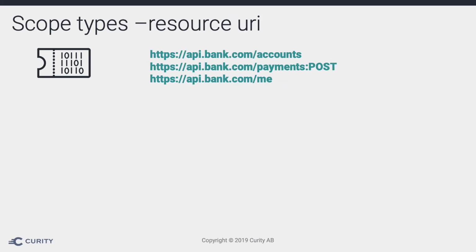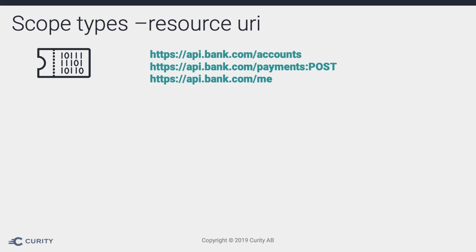Another type of scope that usually leads to a scope explosion is the resource URI type of scope, where a scope is the full and complete URI of the API you're allowed to call with this token. So for instance, the accounts part there would say that I have access to the accounts API. This example doesn't say if that means that I can list all accounts, if I can add accounts, or if I can list my account or every account.